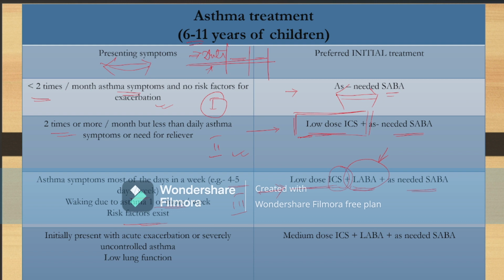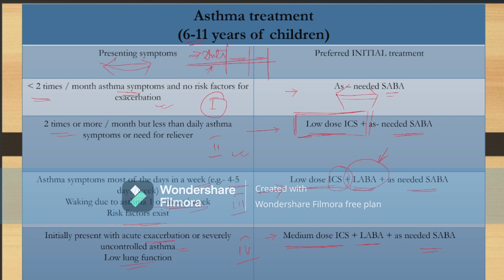If a patient has only night symptoms without day symptoms, we also go for stage 3 therapy. In stage 4 therapy, if any patient presents in an emergency with acute exacerbation with low lung function or severely uncontrolled asthma, then we go straight for medium dose inhaled corticosteroid along with long acting beta agonist and as-need therapy of SABA.